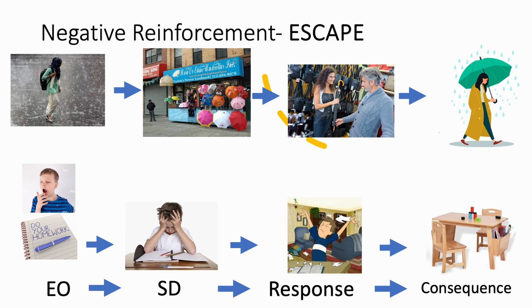So when coming up with examples to show you guys, I made sure to include examples of appropriate or desirable escape maintained behaviors. This example up here is a good appropriate behavior for individuals to engage in, right? If someone is experiencing an aversive condition such as getting wet in the rain, then it's great for them to learn to either purchase an umbrella or use an umbrella in order to avoid or escape that condition, right? This is an excellent example of negative reinforcement, and we experience these types of contingencies in our life all the time.